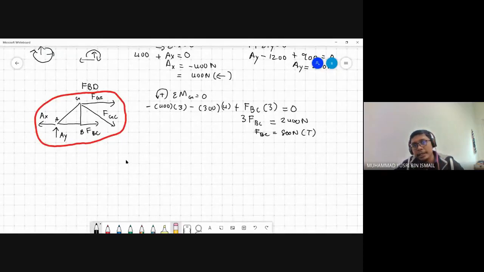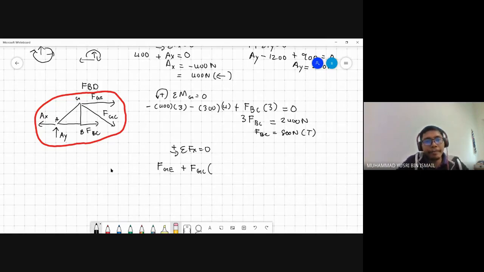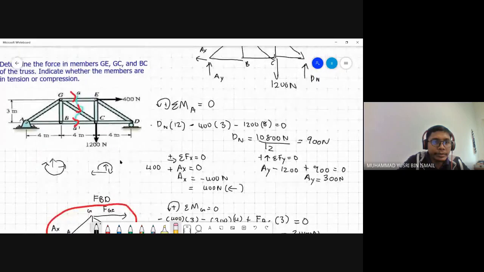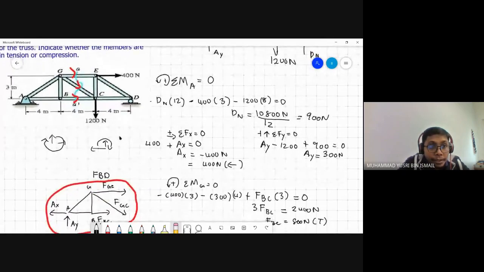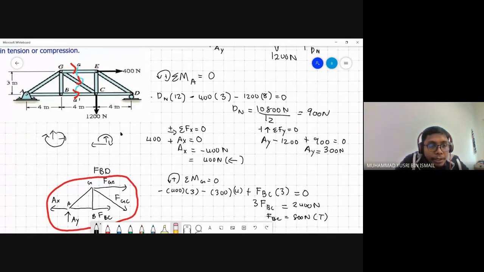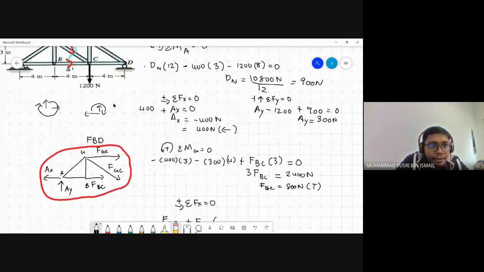Okay, and then FBC. Okay, so now for FGE and FGC, you can use summation of X and Y direction. So this one is FGE plus with FGC times with 4 over 5.